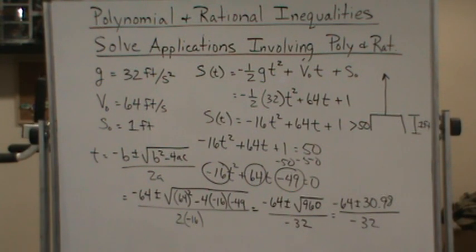One is if we take negative 64 plus 30.98 divided by negative 32. Hold on a second, this is not making sense.